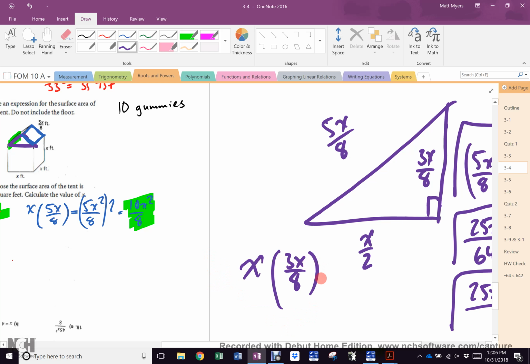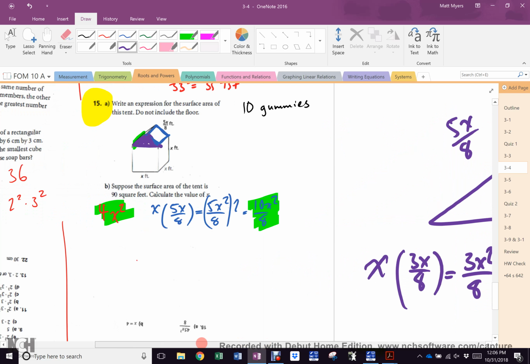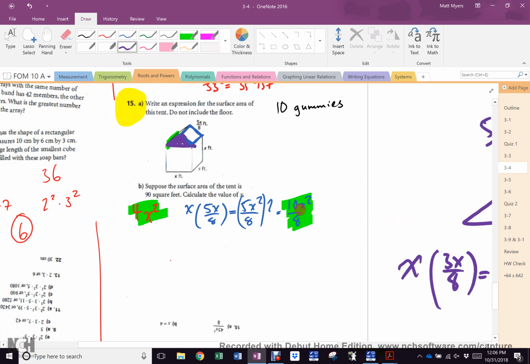So I have, what is x times 3x? No. 3x squared over 8. And that covers this triangle here and the back, right? So now I got this, this and 3x squared over 8. What do I need to do with all three of those? Add them up. Can I add them up? No, why not?